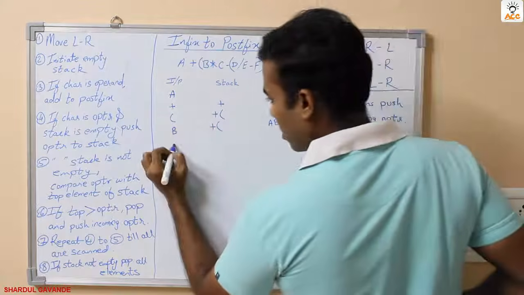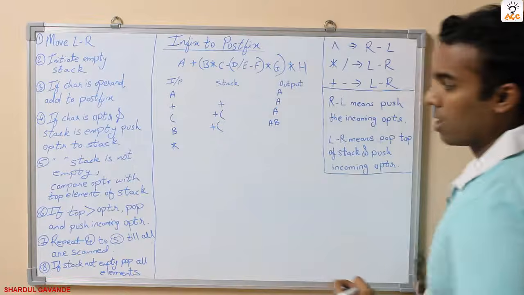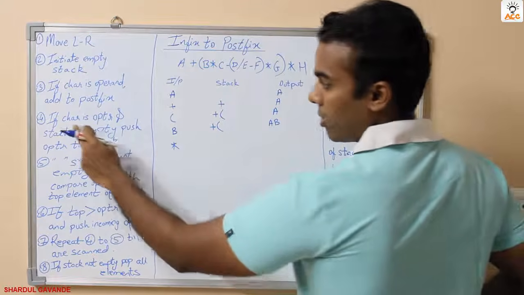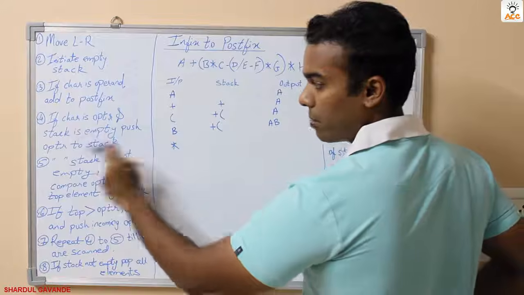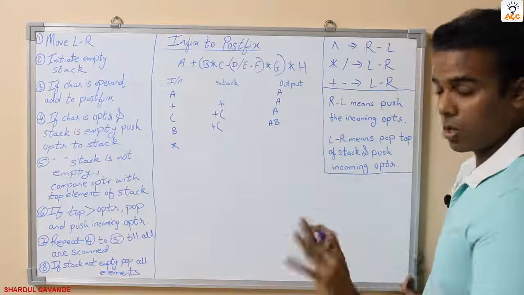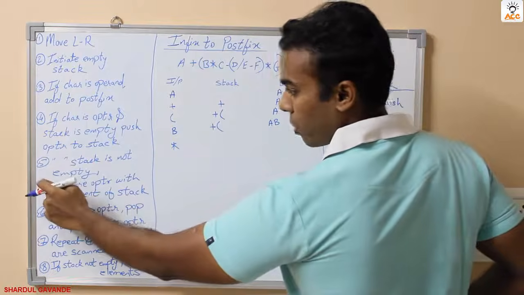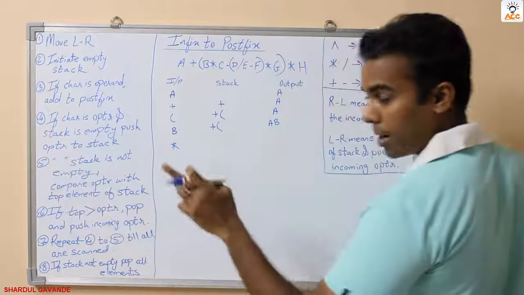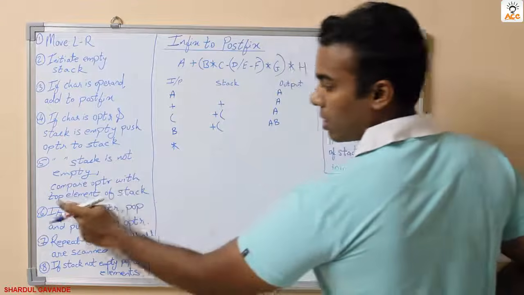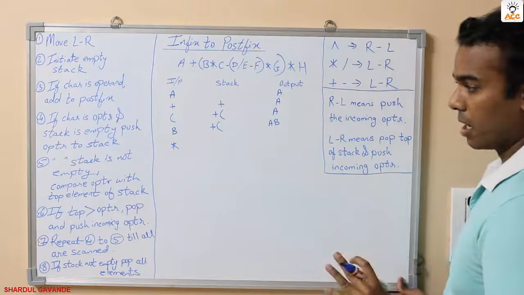Next we have star, or multiplication, so this is an operator. If character is operator and stack is empty, push operator to stack. But in our case, now the stack is not empty. So what does the fifth point say? If character is operator and stack is not empty, then compare the operator with the top element of stack.